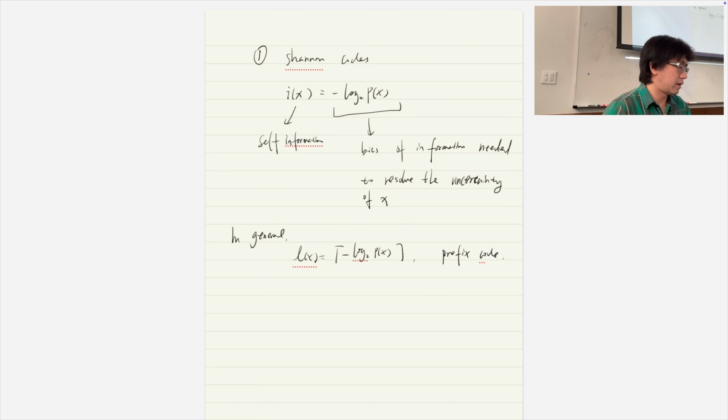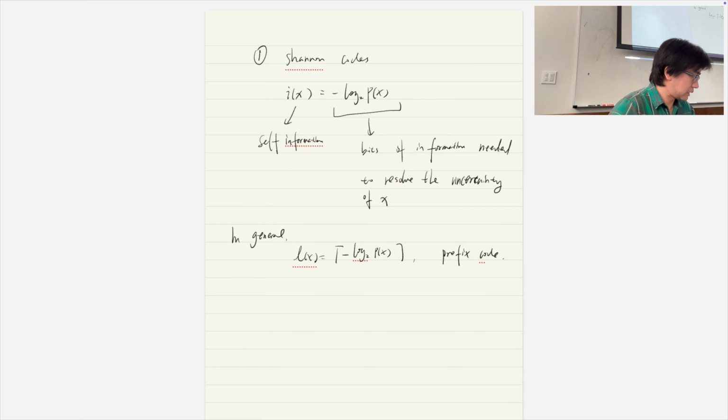But now we're picking this number, which is slightly different, so we need to double check whether the Kraft inequality is satisfied in this case.